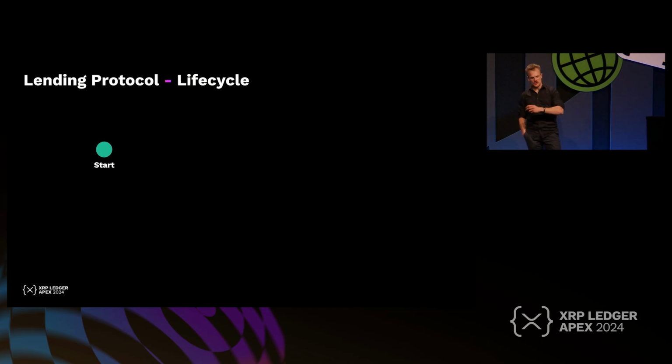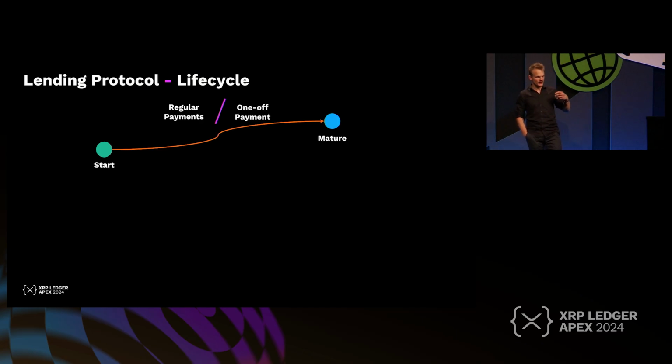If everything goes well, the borrower can start making regular payments, where the payment schedule is calculated using a traditional amortization function that comes from the lending world outside. Or they can make a single one-off payment paying off the entire loan with some early payment fees.